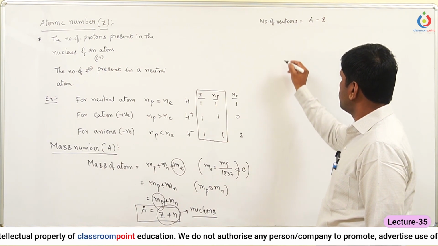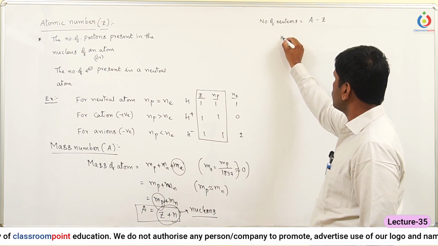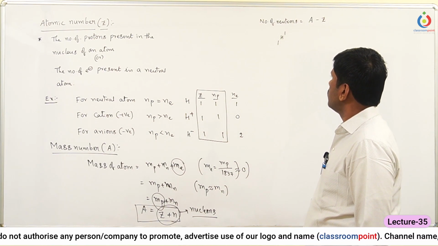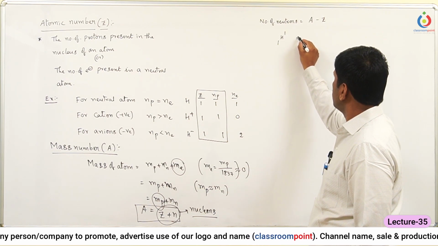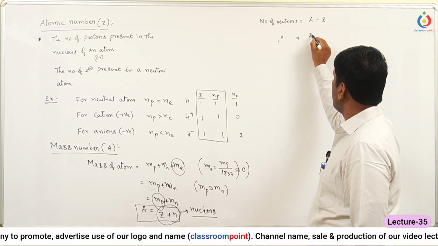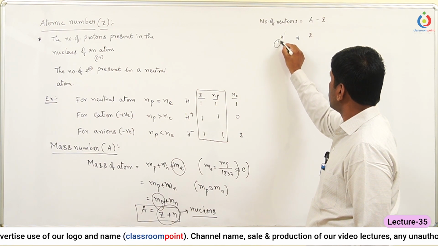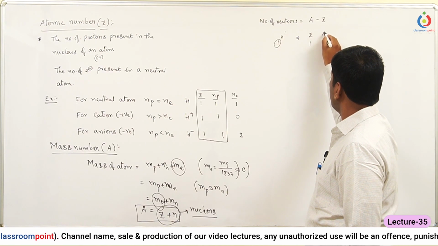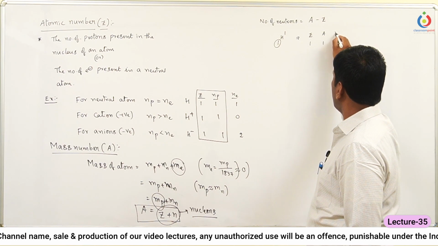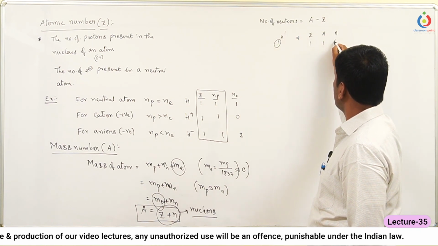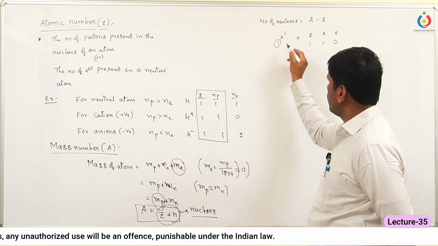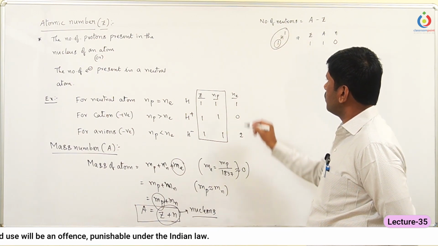Let us take some examples here. 1H1. In this case, Z, the number of protons, is nothing but the atomic number, and mass number A is equal to 1, and the number of neutrons is 1 minus 1 equals 0. Or in a more elaborated way, let us see how to represent these symbols.